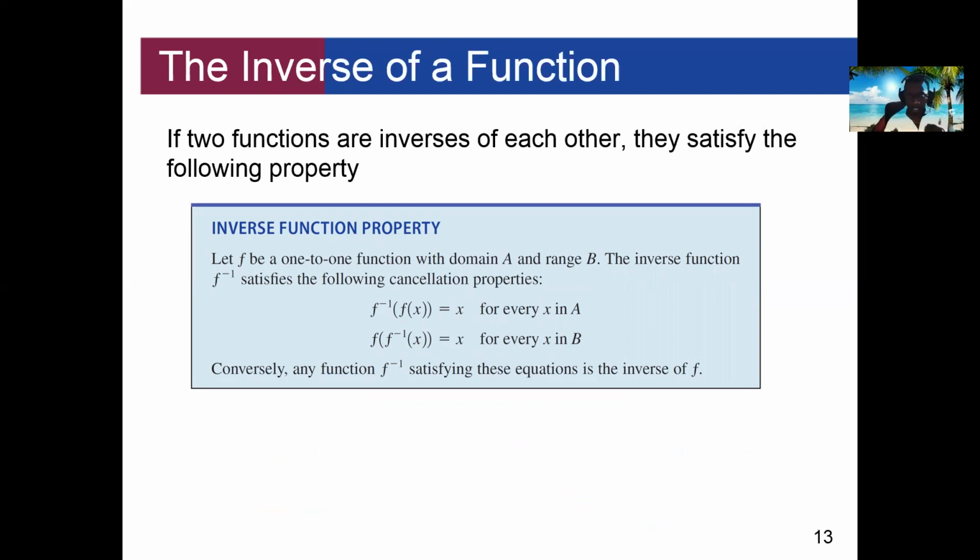If they are inverses, then we say that f inverse composed with f of x is equal to x, and f composed with its inverse is also equal to x, which gives you the input. So that's for every x in A and for every x in B. Okay.